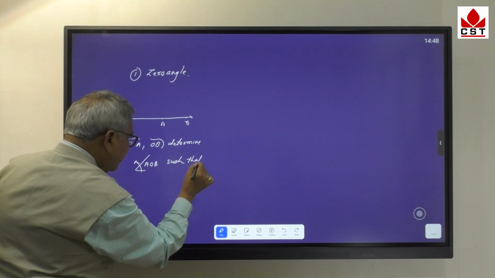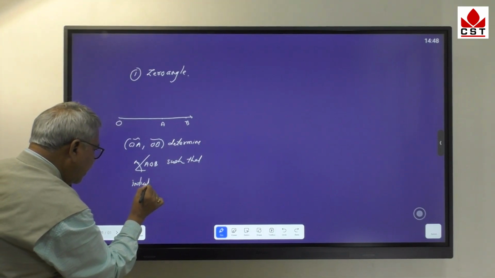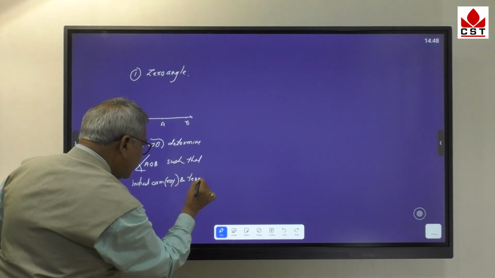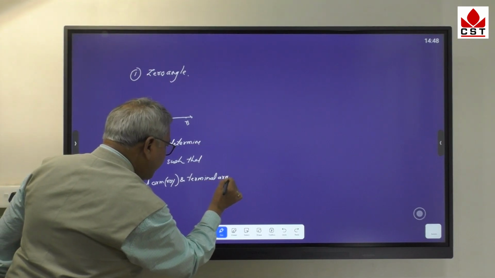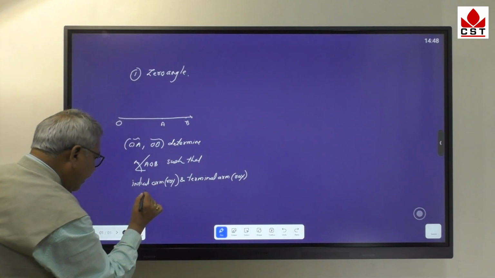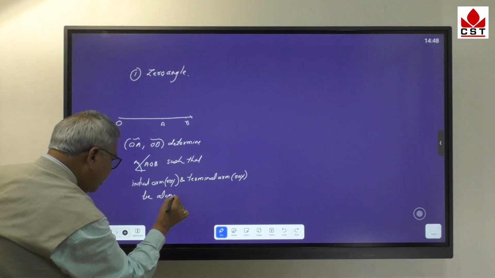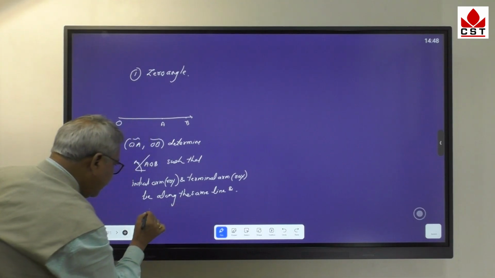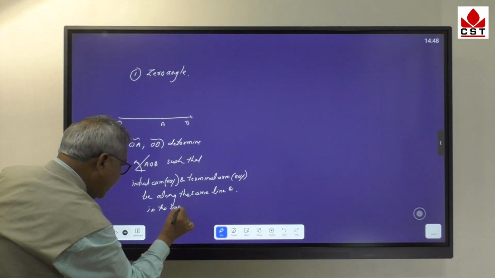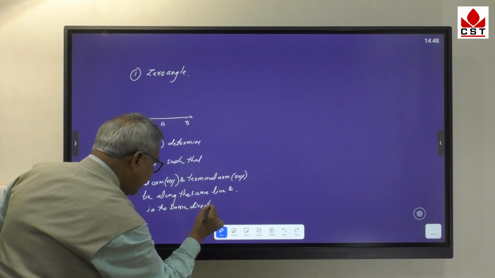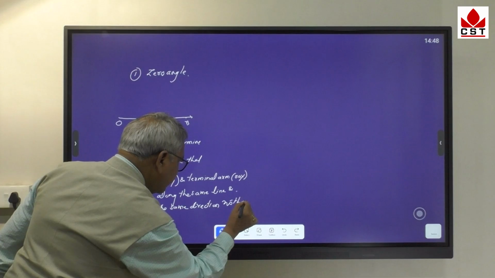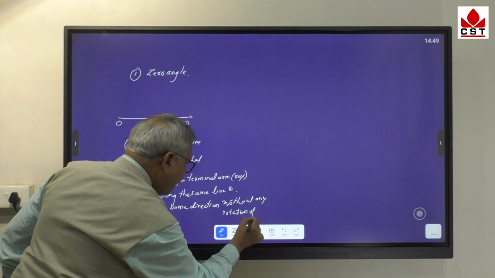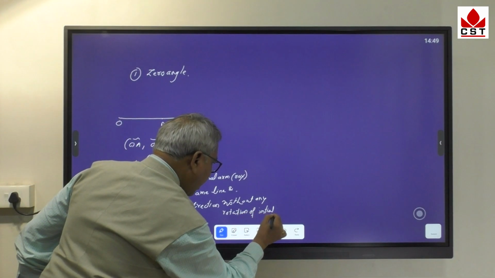such that the initial arm and terminal arm rays lie along the same line and in the same direction without any rotation of the initial arm.